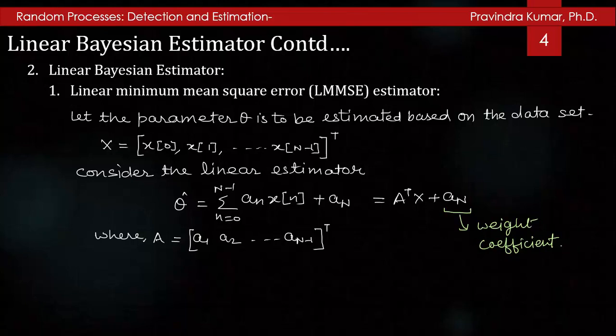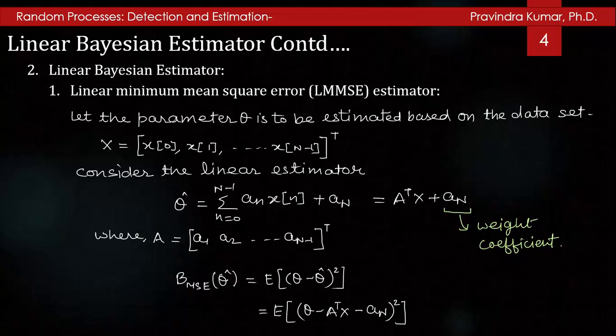Now the estimation problem is to choose the weight coefficients to minimize the Bayesian MSE. So the BMSE of theta cap is the expected value of the square of theta minus theta cap, which is the expected value of (theta minus A transpose X minus aN) squared, where the expectation is with respect to the PDF of X and theta. The resultant estimator is termed the linear minimum mean square error estimator.